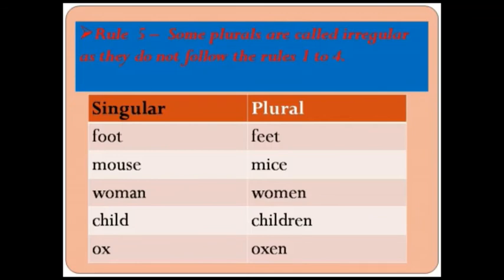Mouse means one and mice is many mouse. In fact, there is another similar word, that is lice. What is lice? Lice is the insect that you have in your scalp if you do not clean your hair properly. So the plural is lice.